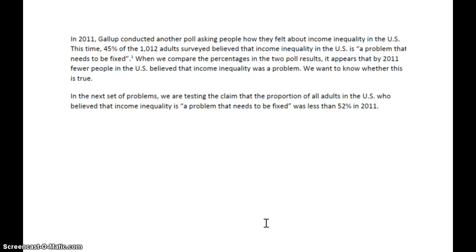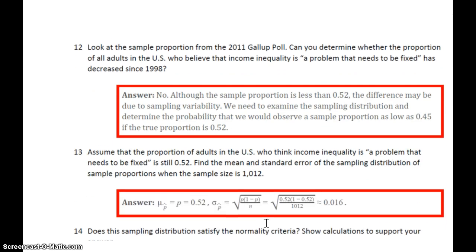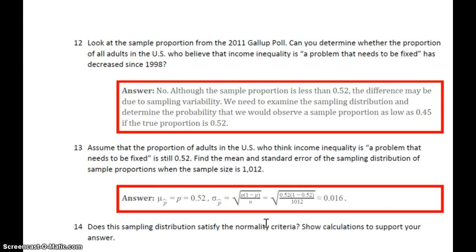So we're going to test the claim that the proportion of all adults in the U.S. who believe income inequality is a problem was less than 52% in 2011. So again, this is a bridge into Module 8 for hypothesis testing. Okay, so look at the sample proportion for 2011.